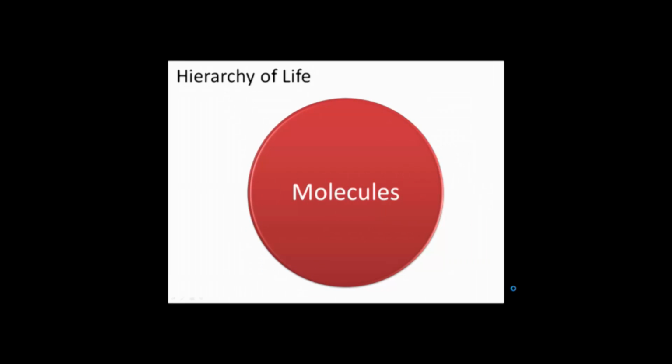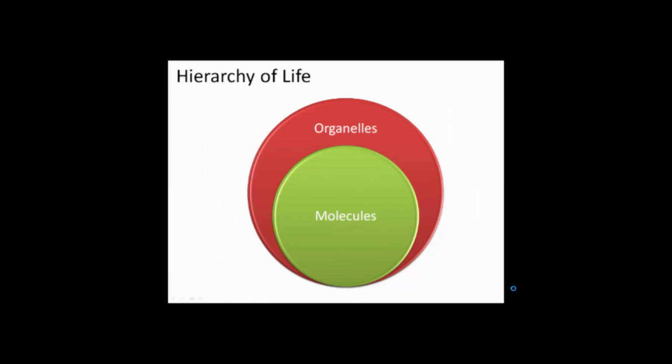But first, let's get into the hierarchy of life. Remember, we talked about the molecules, and these molecules, carbs, lipids, proteins, and nucleic acids, combined to form our organelles. All those macromolecules we talked about will form the organelles that will function in the cell.